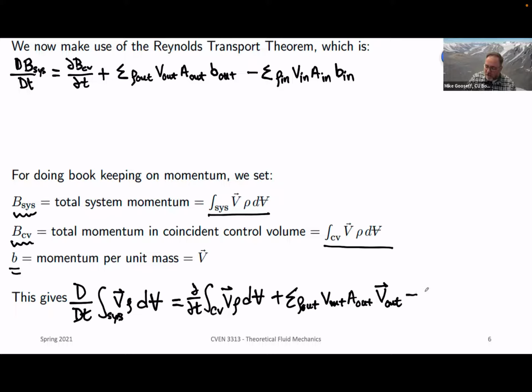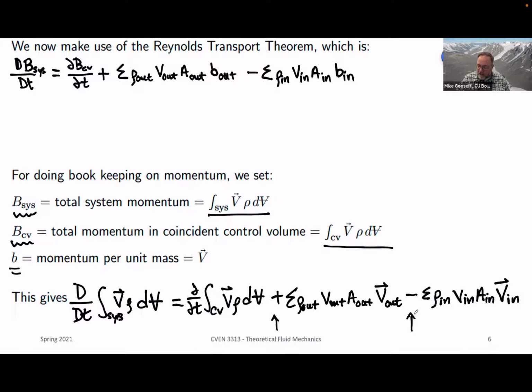And then we subtract the sum of all of the inflows, rho in, v in, A in, and then the velocity vector in.